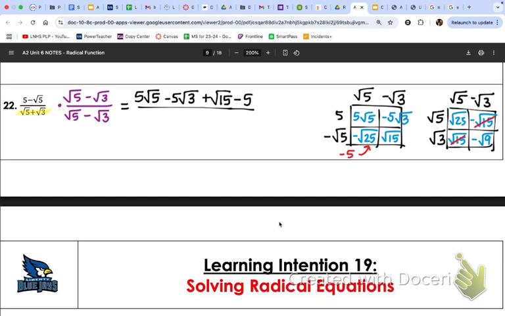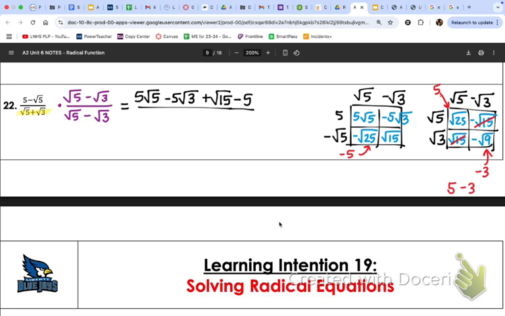And then these other ones will simplify because square root of 25 is 5 and square root of 9 is 3. So this one becomes negative 3. So when you go to your fraction, you're really just going to do 5 minus 3, right?